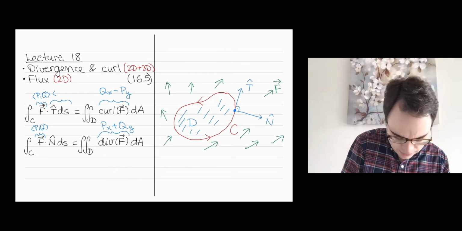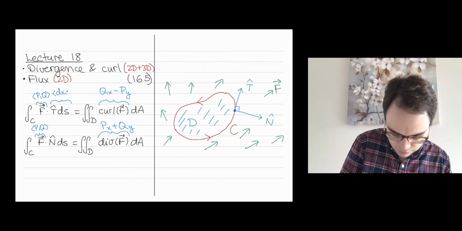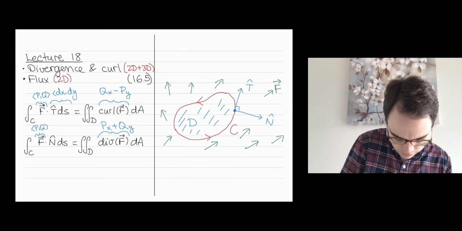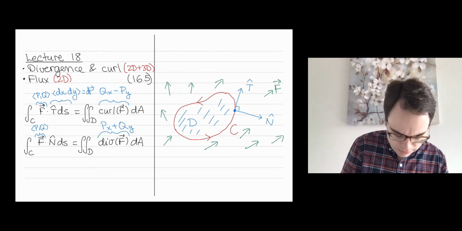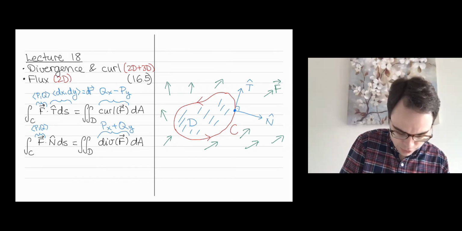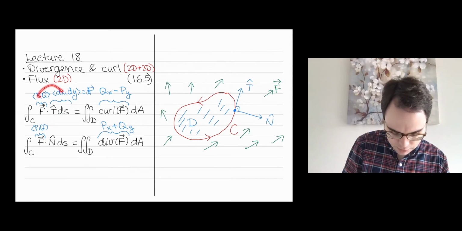So T times ds is the same as this vector of differentials dx, dy, which we sometimes also denote by dr. And so the dot product over here is just P times dx plus Q times dy.